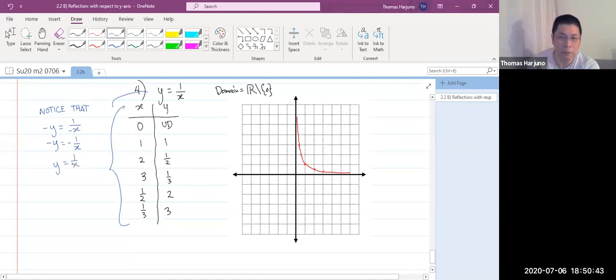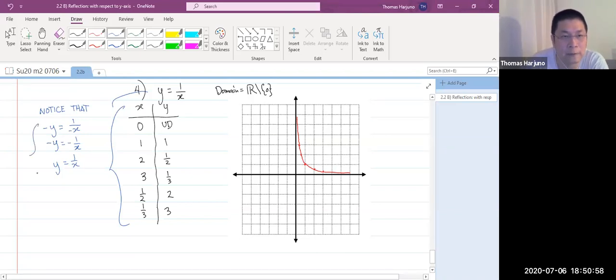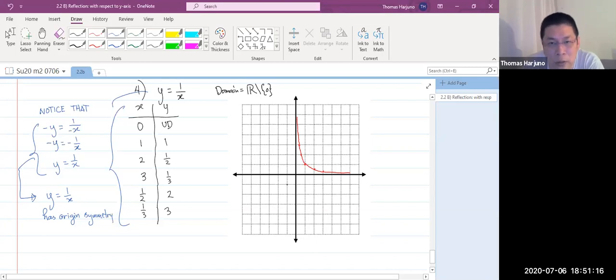If you see this kind of phenomenon, if you replace x by negative x and y by negative y at the same time, and it simplifies back to the original equation, it means it has origin symmetry. y equals 1 over x has origin symmetry. So 1, 1 becomes negative 1, negative 1. 2, 1/2 becomes negative 2, negative 1/2, and so on and so forth.